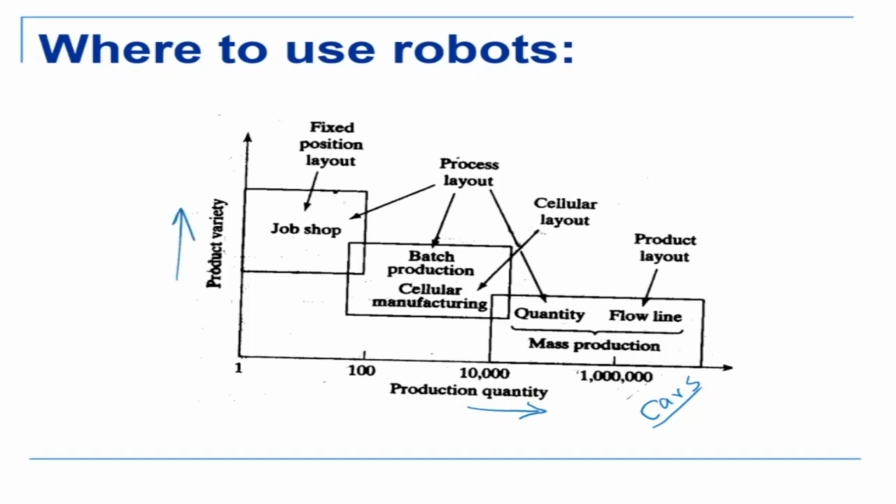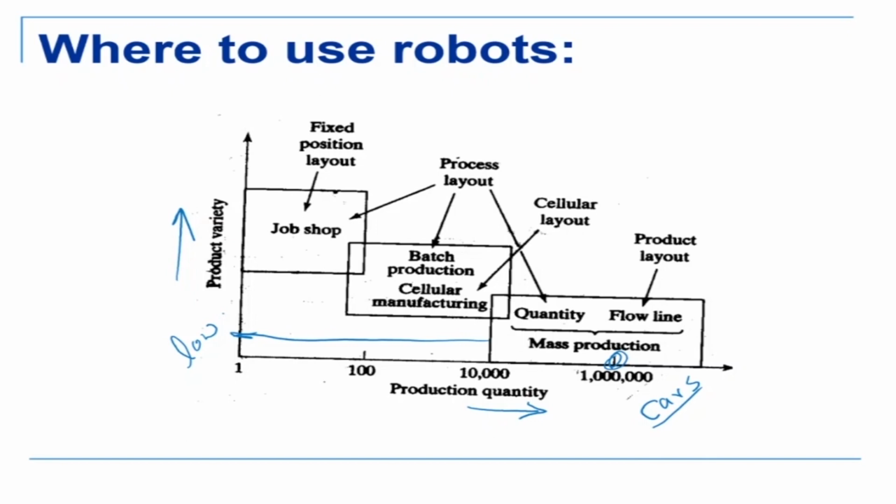On the y-axis, we have product variety, the different types of cars. So we have mass production, where the quantity is very large but the variety is very low. A typical example is a car. This is one side of your manufacturing spectrum.